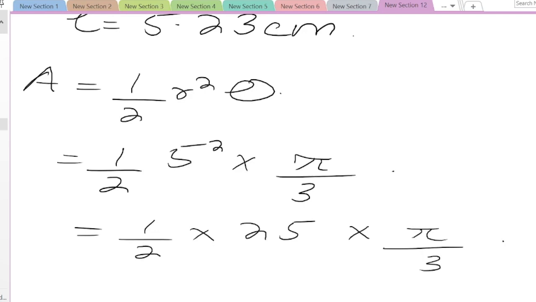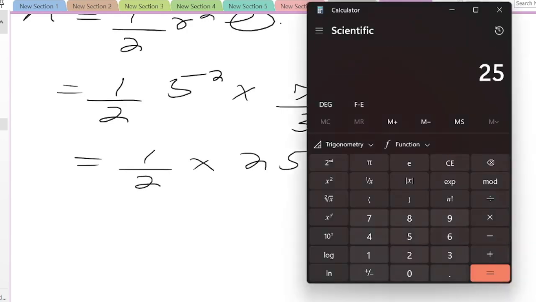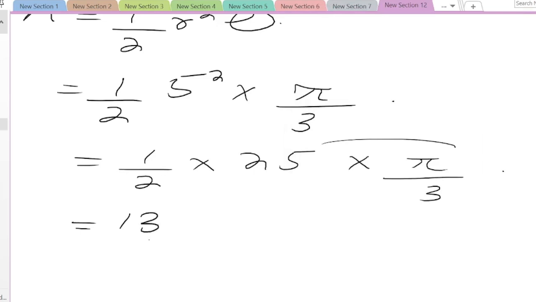So 3 2s are 6. So that means 25 will be multiplied by pi and divided by 6. So we can write 25 multiplied by the value of pi and then it is divided by 6. So we get 13.08. So 13.08 centimeter square will be our answer.